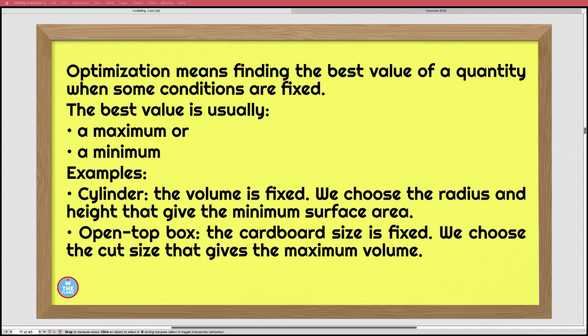In this context, to optimize the cylinder or the open top box is to find the least amount of material needed to build a cylinder or the least amount of material to build a box. Okay, that would be optimization.